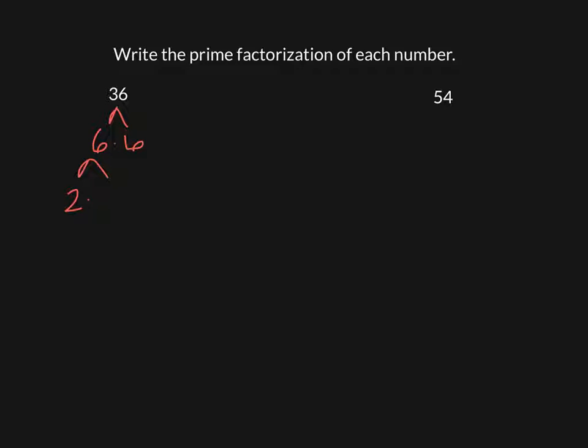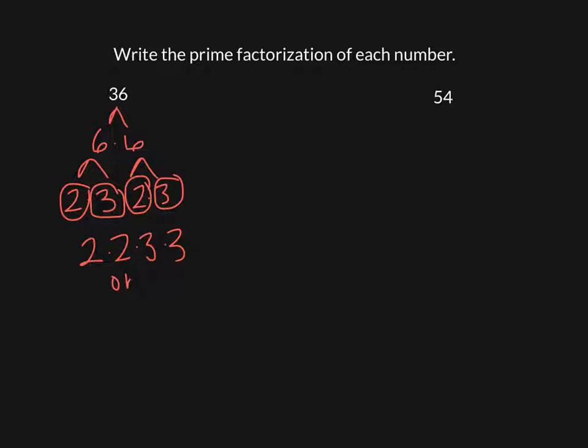Then this is 2 times 3. Both of those are prime. And this 6 is 2 times 3. Those are both prime. Okay, so my answer would be 2 times 2 times 3 times 3, or 2 to the second power times 3 to the second power.